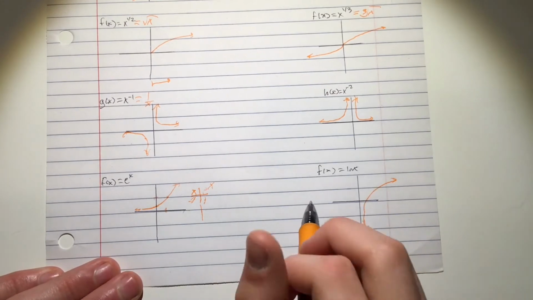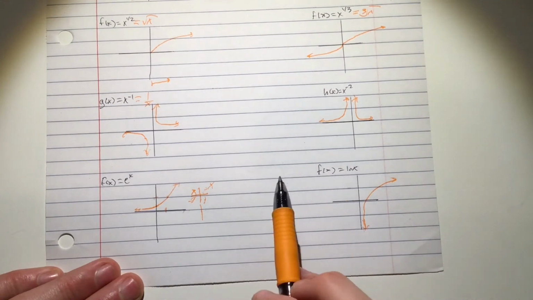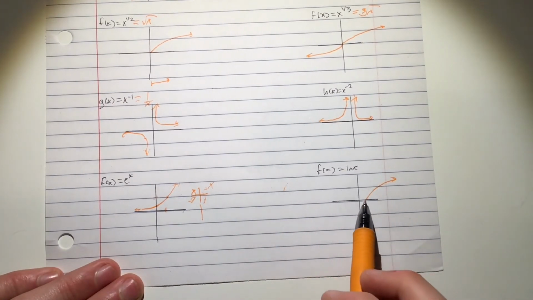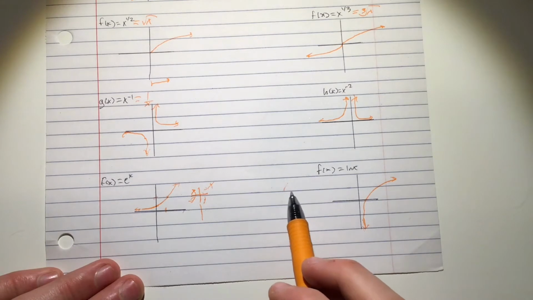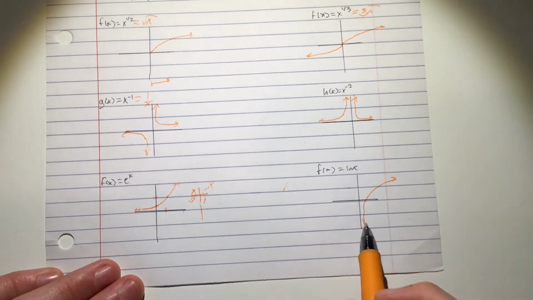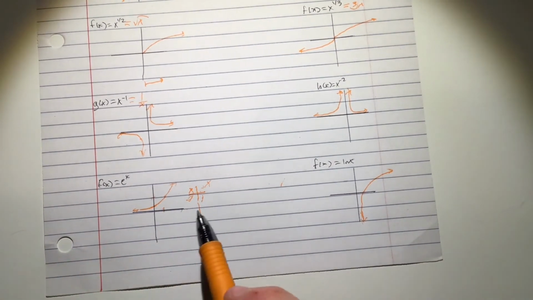And if you ever are stuck on what that looks like, if you have x and ln of x, remember if you plug in 1, ln of 1 is 0. So this point right here is (1, 0). And then if you plug in e, you would get ln of e equals 1, which is right here. Anyway, that's generalizable for any log or exponent. Just pick good values and you can make the graph of any of them.